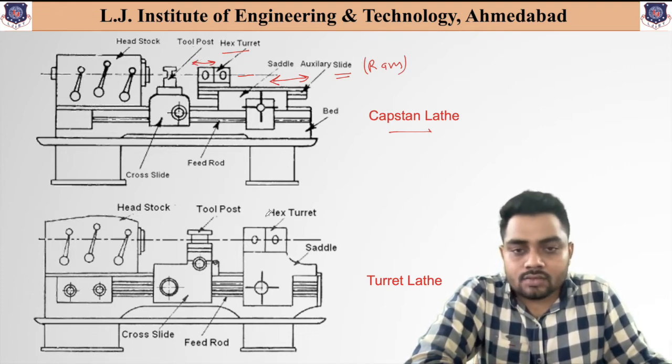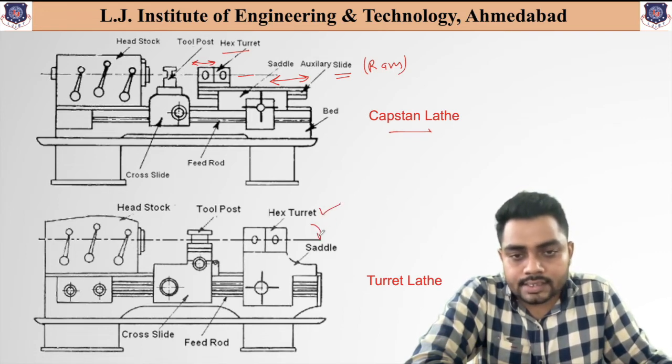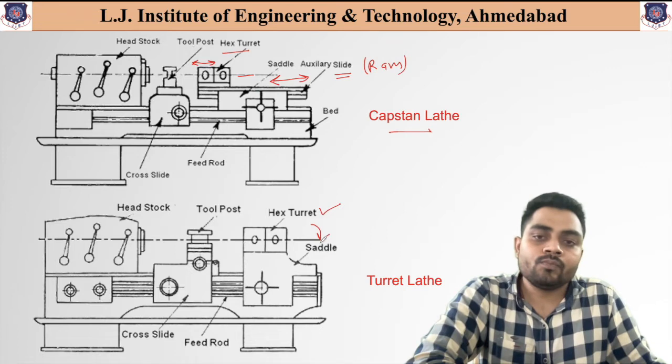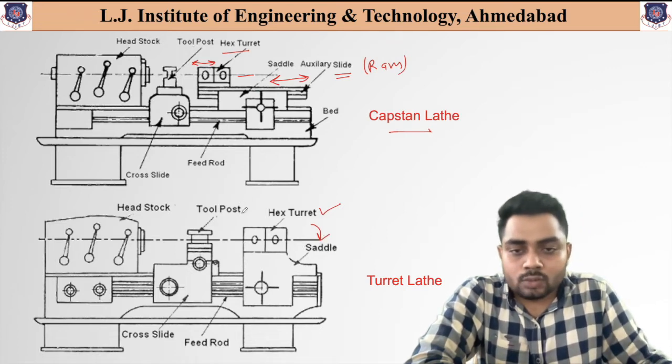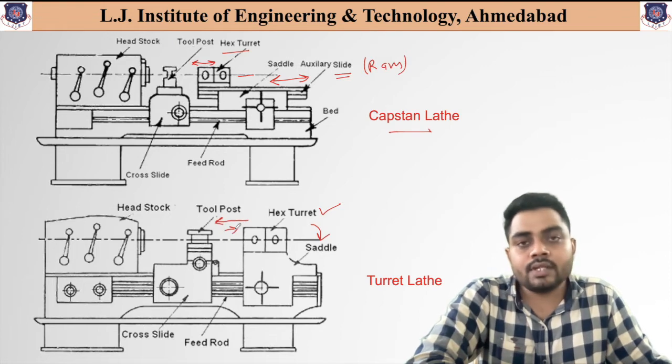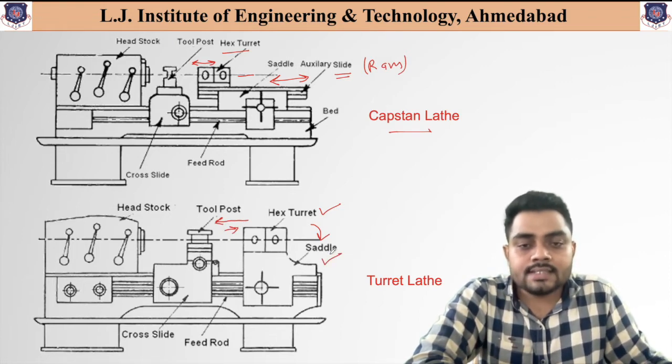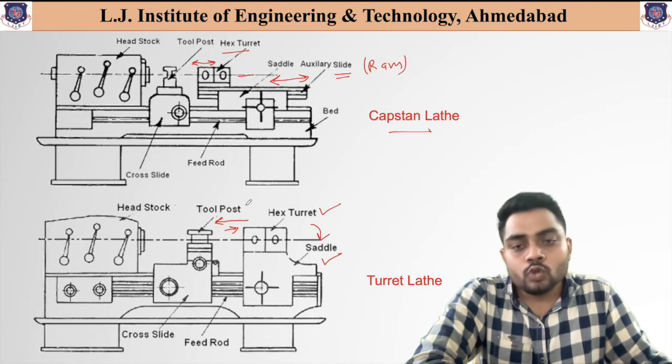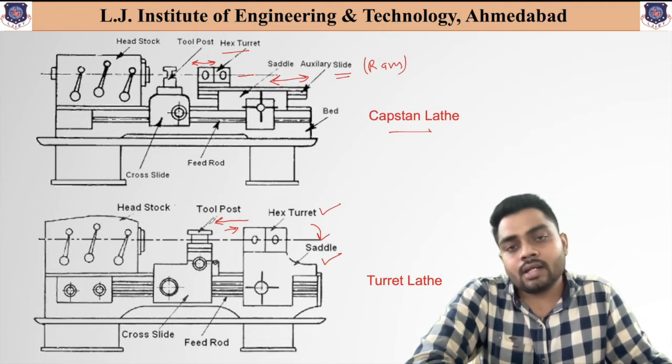Whereas in the case of the turret lathe, this hexagonal turret is rigidly fixed on the saddle. That means for the movement of the tool towards the workpiece or away from the workpiece, the movement of the saddle is required. So here the saddle movement helps to move the tool according to the requirement.